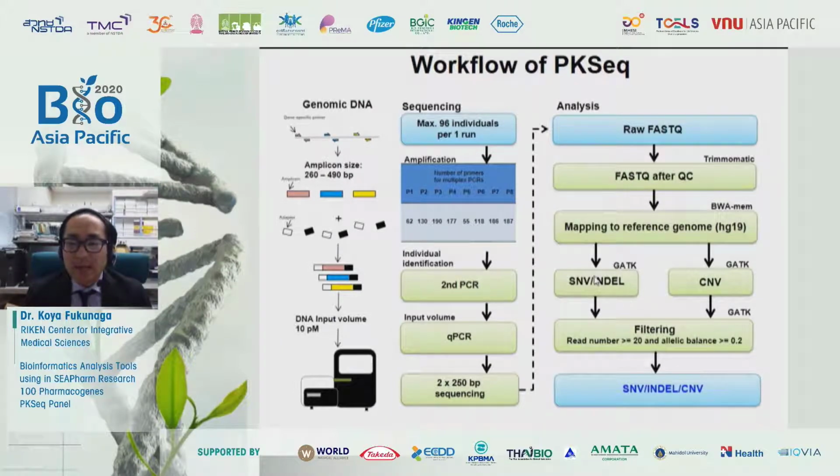Briefly, at first I trim the low QC bases using the Trimmomatic software, and I use BWA and GATK. After that, we obtained the SNVs, indels, and CNVs.